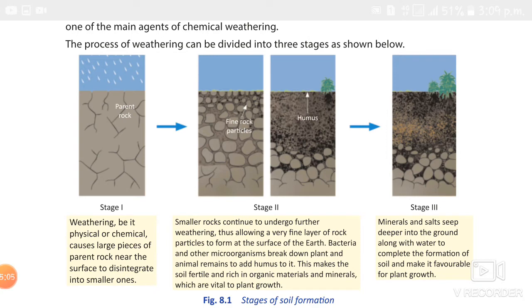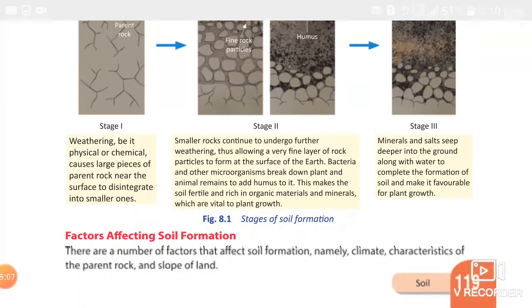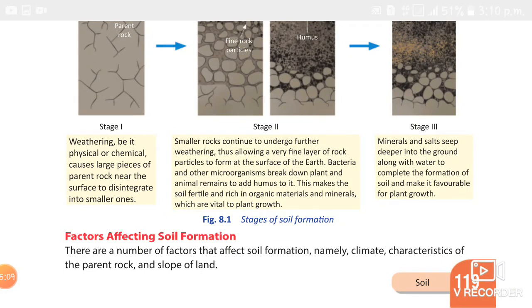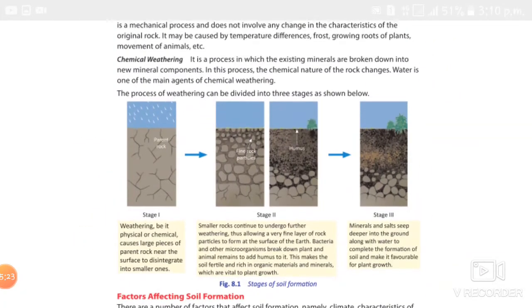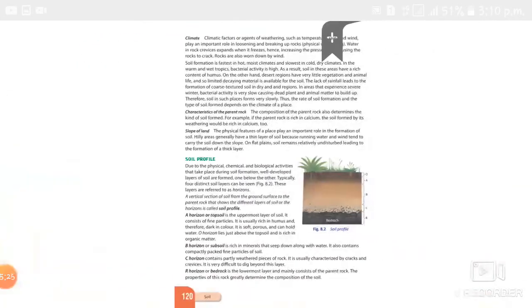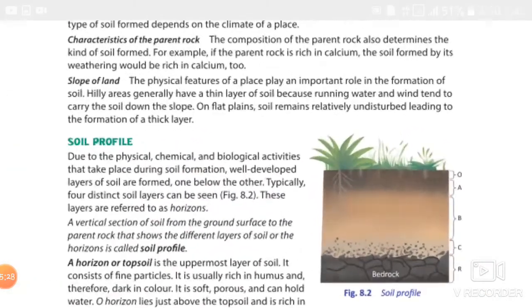Next, we started to study factors affecting soil formation. Here we studied three factors. What are they? Climate, characteristics of the parent rock, and slope of land. Let's study the first one, climate.